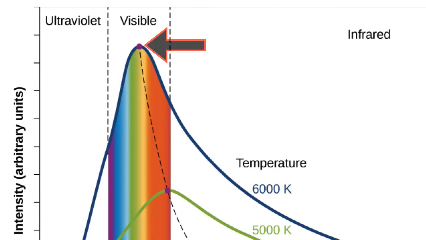Now we're going to look at those two up close again. Here's the peak of the first one, the 6,000 Kelvin curve. The peak color is approximately kind of greenish yellow, right in the middle of the ROYGBIV. But now the 5,000 Kelvin, the peak color is shifted a little bit to the right, and it's right in the extreme reds.